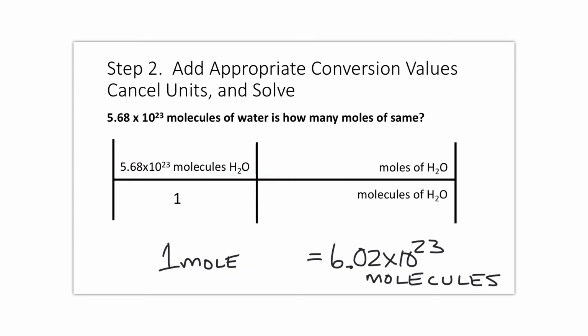Okay, so now that we have all the information and we filled in our boxes, now we can just fill in the conversion boxes where we need to go again. So again, what number follows the unit, so what number goes with the word mole, and that's a 1. So we're going to put the 1 here, and then what goes with the molecules, and that's the 6.02 times 10 to the 23rd.